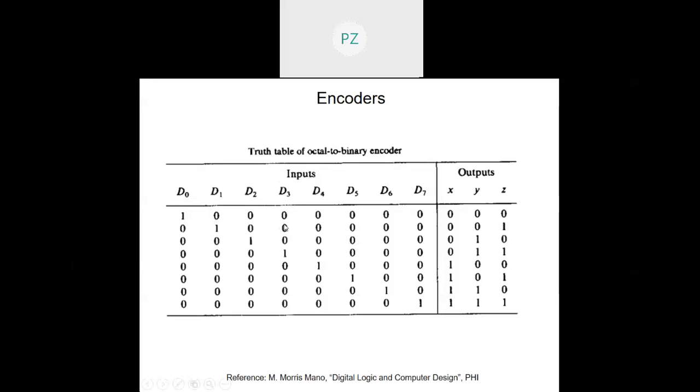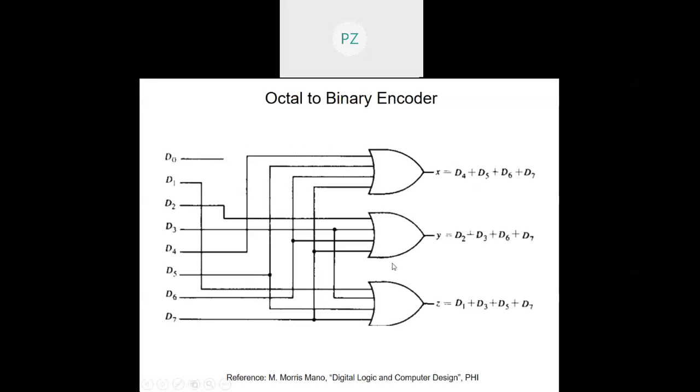So let us see how such a system can be designed. Over here, x is nothing but D4 or D5 or D6 or D7. Let me go to this logic circuit diagram.